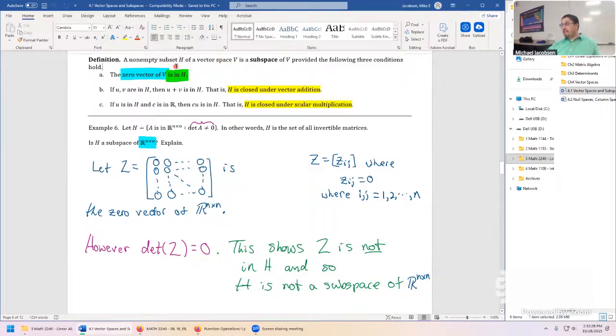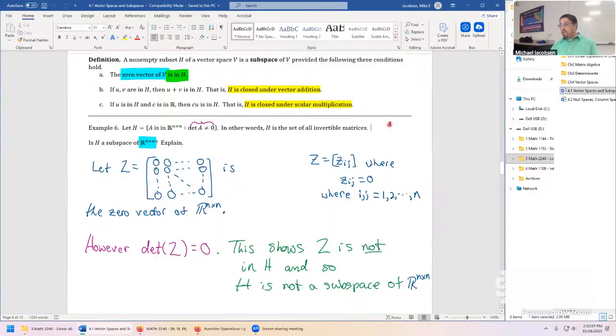If that set H has the zero vector, the one that came from V, the original vector space, and if it has the two closure properties, vector addition, scalar multiplication, then H is called a subspace of the vector space V. And a related concept that sometimes gets glossed over is that it means H is a vector space in its own right. It's just a vector space contained inside the larger space V itself.